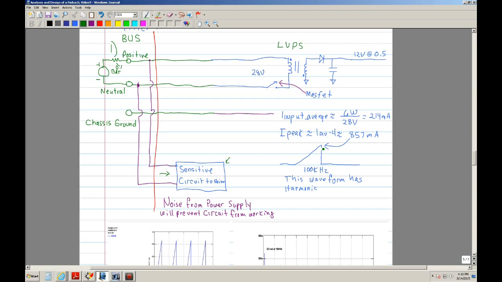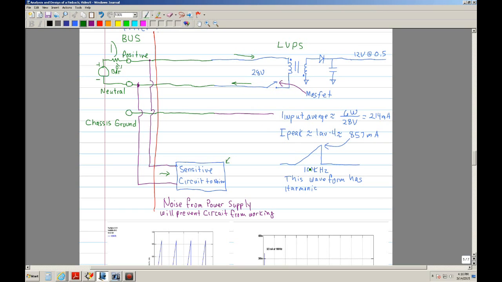And then it switches down pretty fast. So this would be the current that you would see through the positive side, and then it would return in this direction.